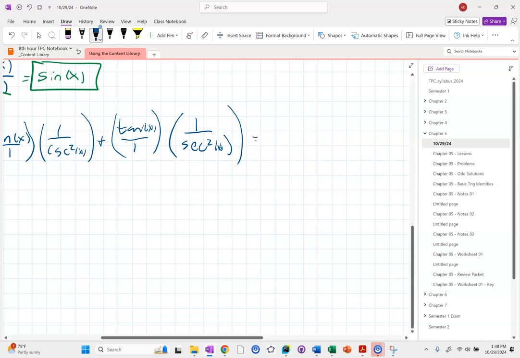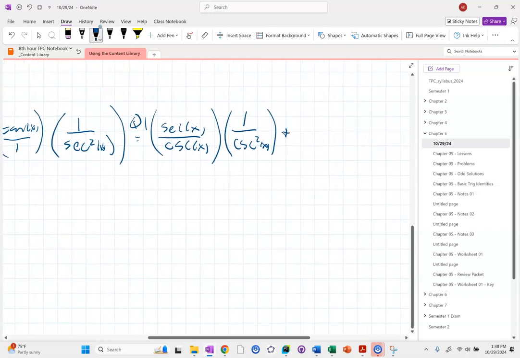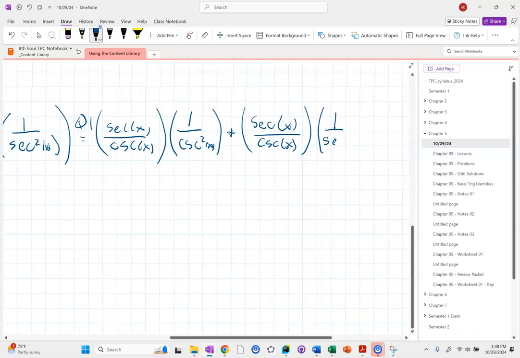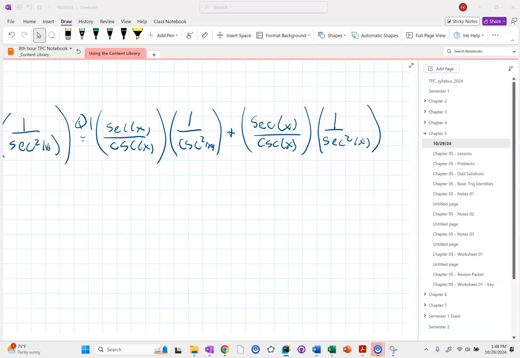Okay, and you said we're going to turn tangent using Q1 into secant over cosecant, right? Okay, that's fine. We can do that.